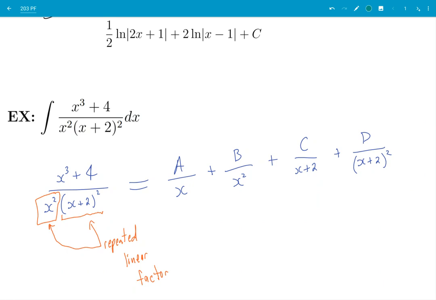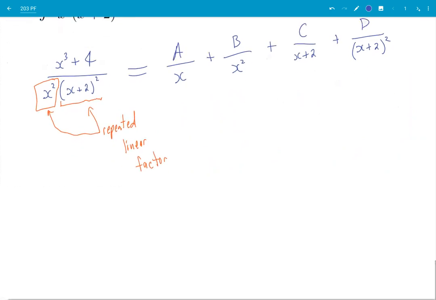It would be e over x plus 2 cubed, if this were a 3. Okay, so I hope the pattern is clear enough. So this is the partial fractions decomposition we will follow.